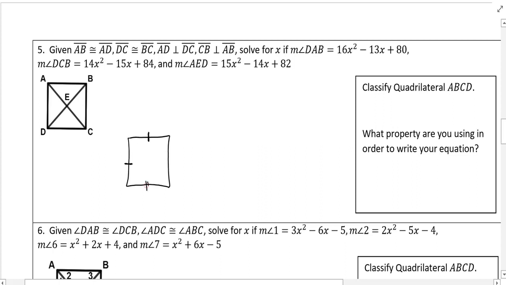DC is congruent to BC, those are congruent. AD is perpendicular to DC, so 90 degrees here. And CB is perpendicular to AB.